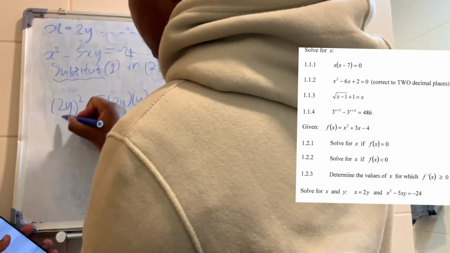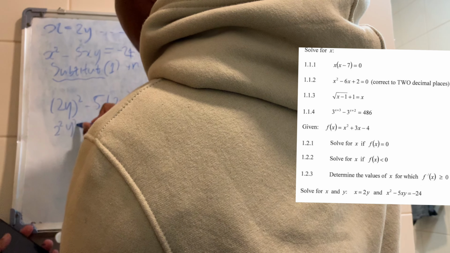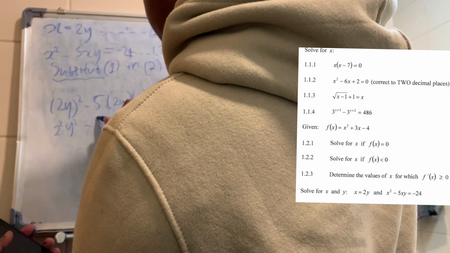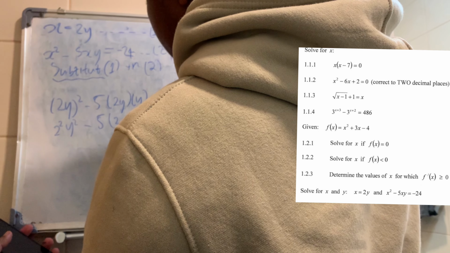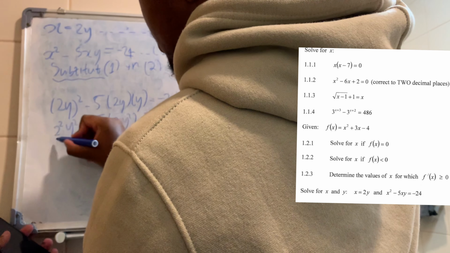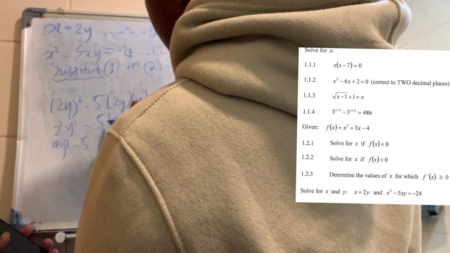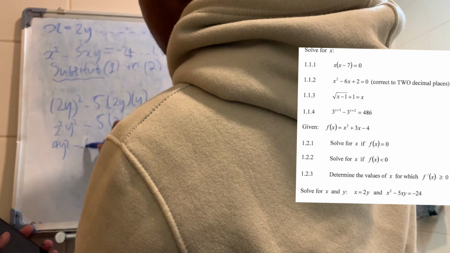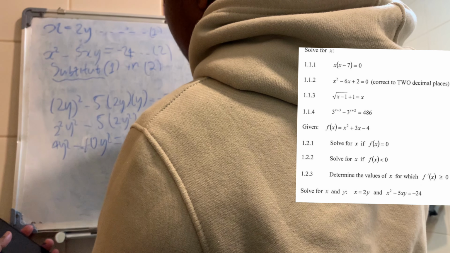Then it's (2y) squared minus 5 times 2y squared, equal to minus 24. 2 to the power 2 is 4, so 4y squared minus 10y squared is equal to minus 24.